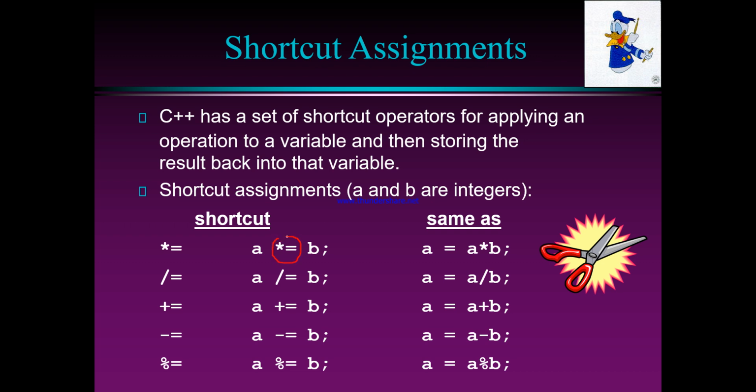For example, the multiplication and assignment operator, similarly the division and assignment operator, the addition and assignment operator, the subtraction and assignment operator, and the modulus, which is used for the remainder, and assignment operator. C++ has a set of shortcut operators for applying an operation to a variable and then storing the result back into that same variable.